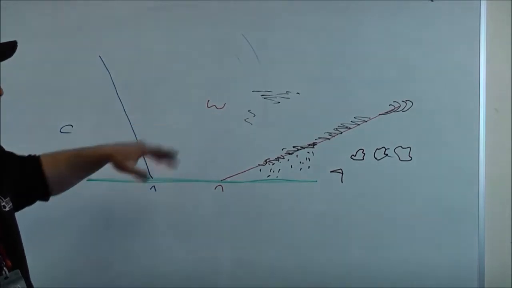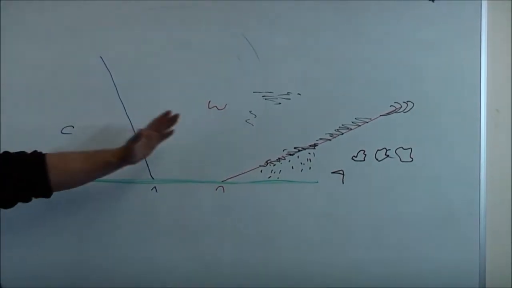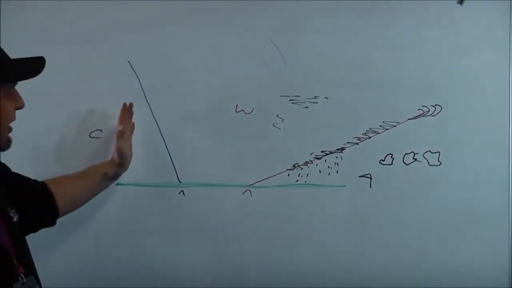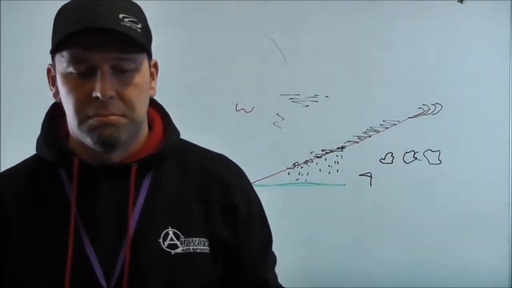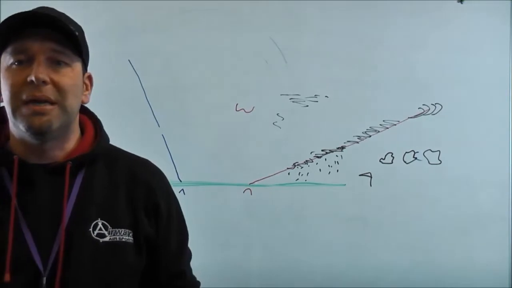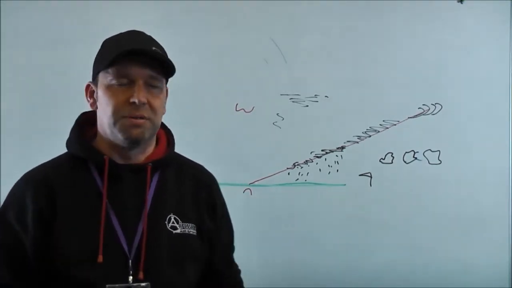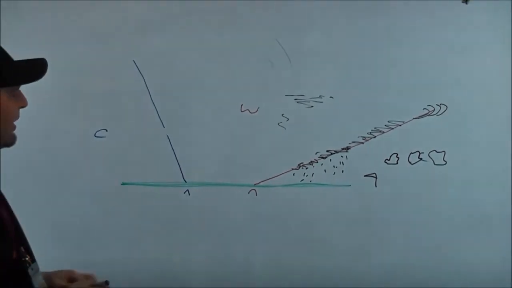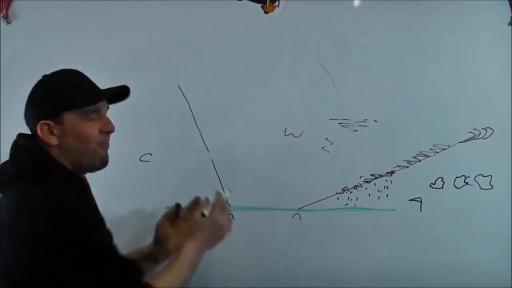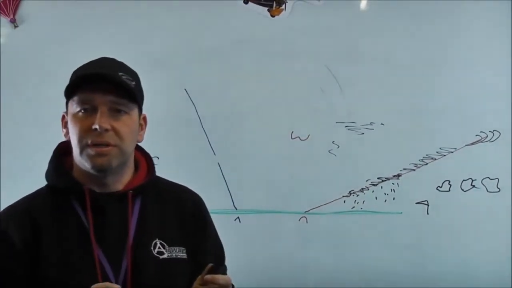Now, the warm front again brings us nice conditions, but the cold front is moving a lot quicker than the warm front. Significantly faster, so much so that it will overtake that warm front at some point, but this steeper gradient means that we get a lot more defining clouds in a smaller area.